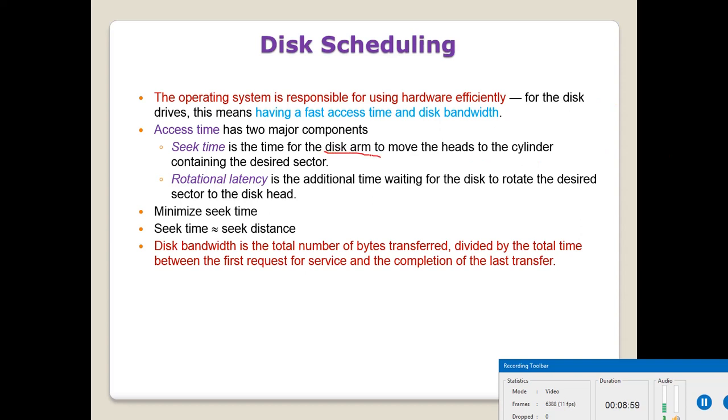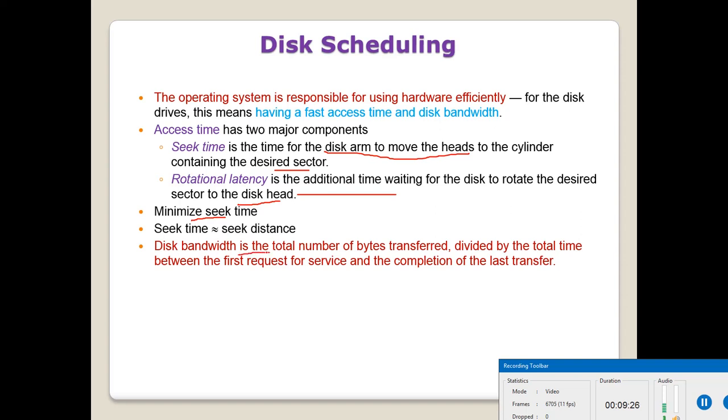Seek time is the time for the disk arm to move the head to the cylinder containing the desired sector, and rotational latency is the additional waiting time for the disk to rotate the desired sector to the disk head. Our aim is to minimize the seek time. The seek time is less if the distance between the read-write head and the desired track or sector is less.